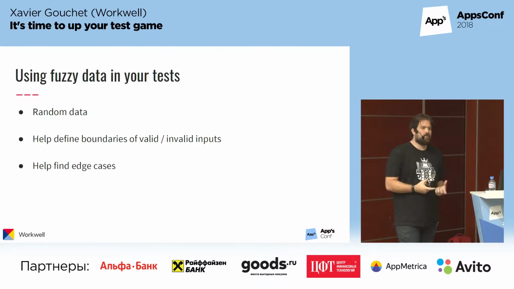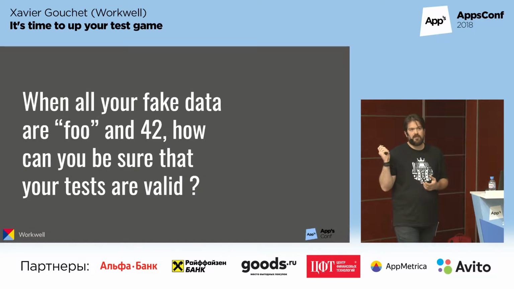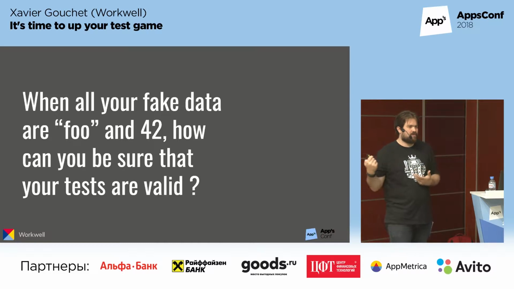But also it can help you find the edge cases, because one of the problems with this is that in addition to not being sure where the value comes from, you only test your code against one single value. So you're testing your code and your code works with 42. But what if it's 43? What if it's 2,000? What if it's 1 million? You don't know. You just know that it works for 42, and that's all.